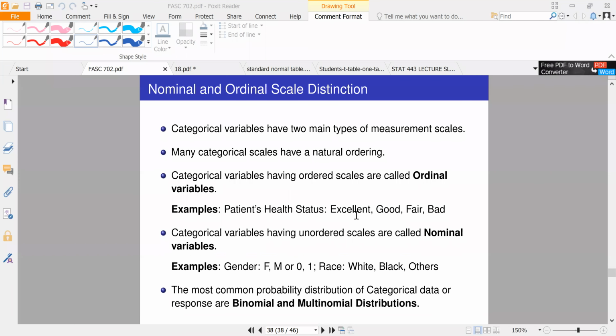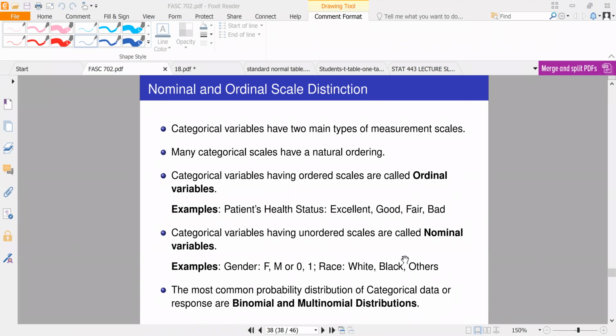So you assign your measurements values so that if someone ticks 1, you know it's bad. If someone ticks 4, you know it's excellent, and such things. That is the kind of categorical variable that we are talking about.